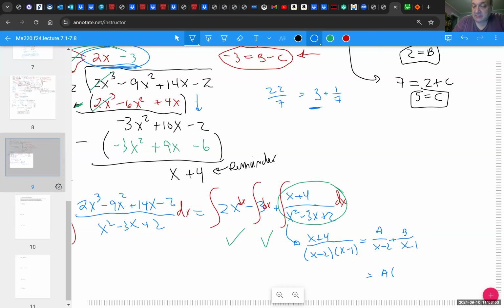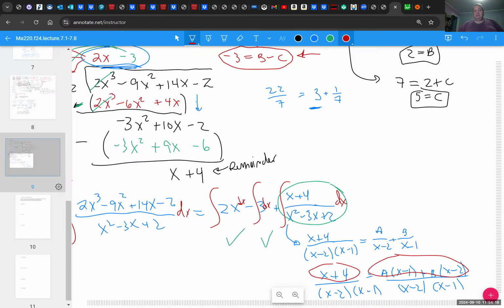So a(x minus 1) plus b(x minus 2) over a common denominator, x minus 2 times x minus 1. Since the denominators are the same, I can set the top here equal to the top here. And I could choose values like x equals 1 and x equals 2, solve for a and b, and anti-differentiate those normally.